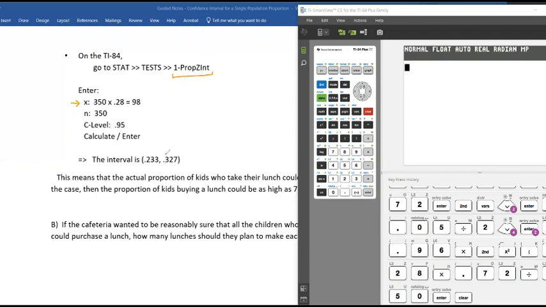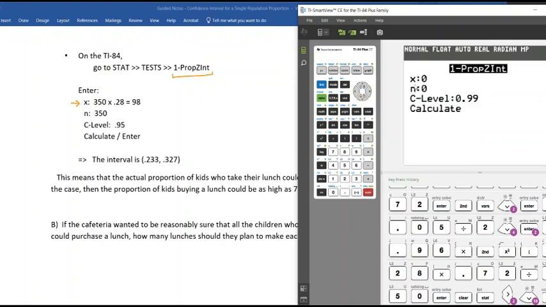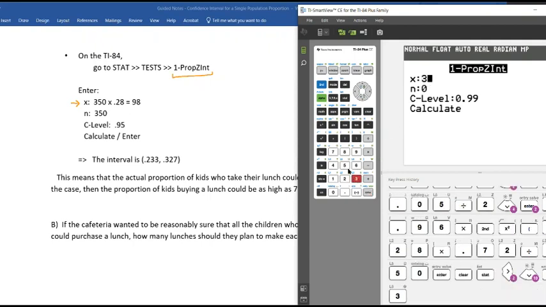Let's do so together. Stats, under test. The one prop z interval is not on this screen, as you can see. So I have to scroll down until I get the one prop z interval, which is this option under A. Hit enter, and you'll simply be asked to put x in here. X is the number of successes. In our case, that will be 350 times 0.28, okay?